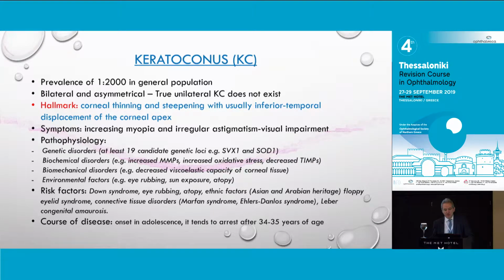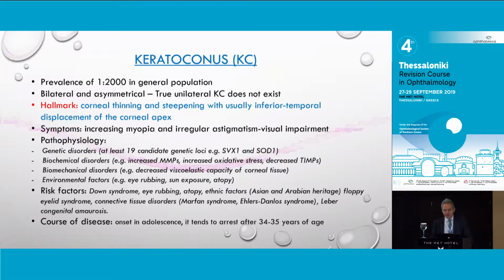Now, which are the ocular visual disturbances for the patients suffering from keratoconus? Increasing myopia and irregular astigmatism. So these patients normally go to the optician complaining of increasing myopia and very often changes in the axis of their astigmatism, so asking for a new pair of glasses.